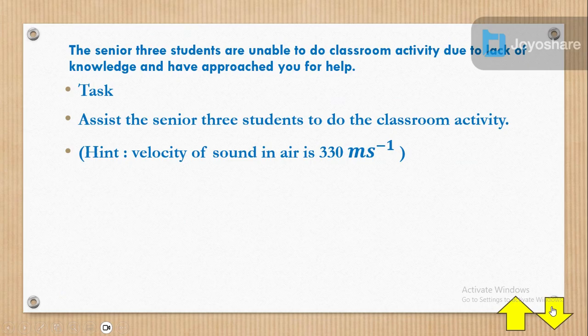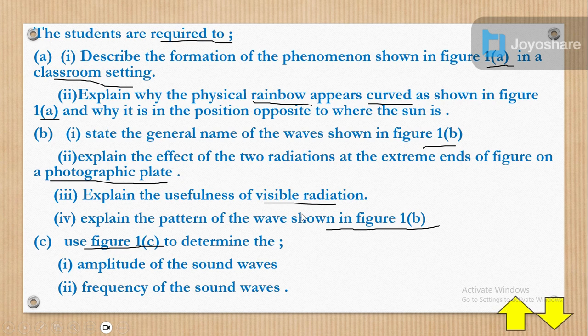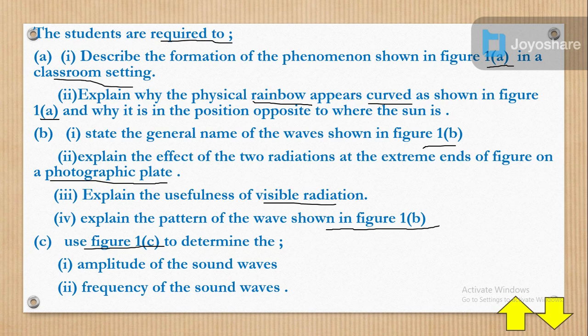The Senior 3 students are unable to do the classroom activity due to lack of knowledge and have approached you for help. Your task is to assist the Senior 3 students to do the classroom activity. Just to remind you, the classroom activity given to them starts from here up to there.